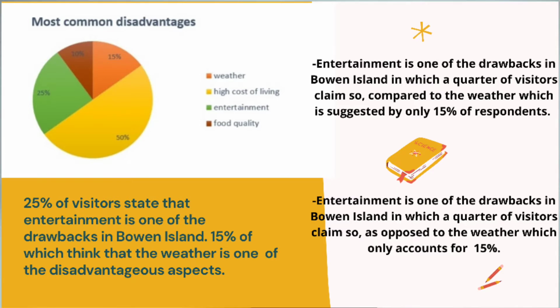Okay, as you might have seen in my other video about the variation of describing percentages, 20% can be written as a quarter of and so on. Okay, that's the first version where I use compared to, and then if you want to say as opposed to, we also can make it by writing entertainment is one of the drawbacks in Bowen Island, in which a quarter of visitors claim so, as opposed to the weather, which only accounts for 15%.